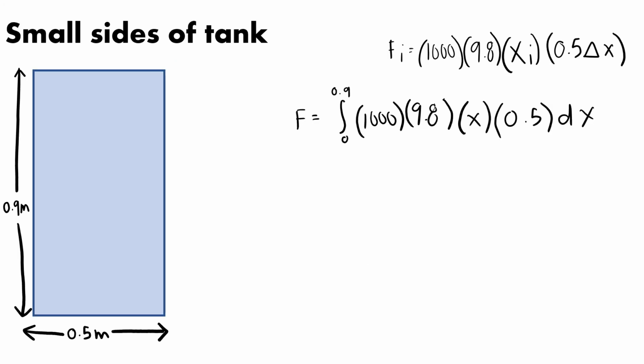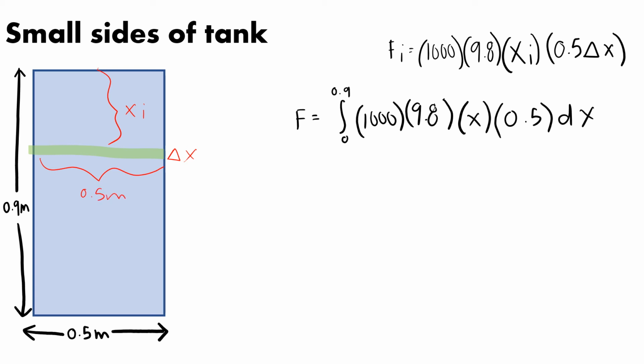Now we're going to find the force of water on the small sides of the tank, and it is exactly the same as the large sides of the tank, except the length is different. So, as we did with the large sides of the tank, here's our representative slice. Its width is going to be delta x. The depth of the water is going to be x sub i. And the length of the slice is always going to be 0.5 meters.